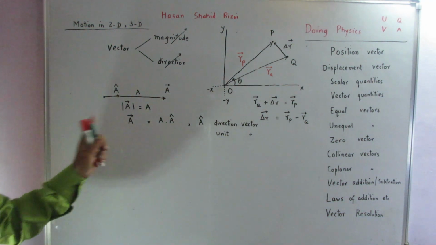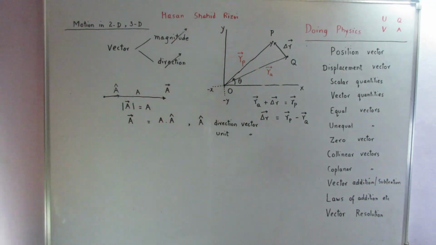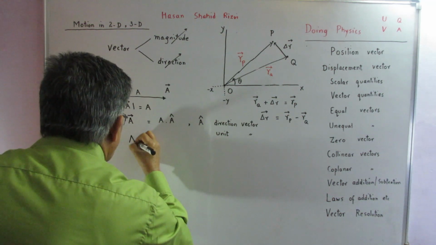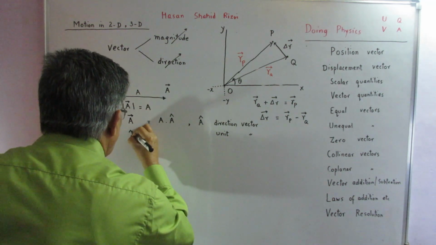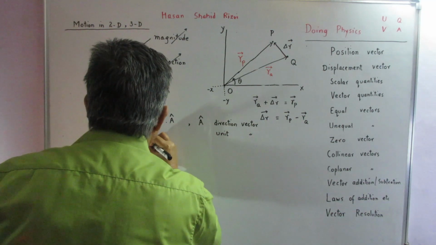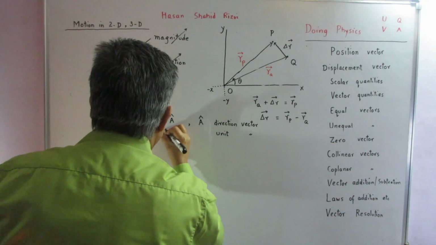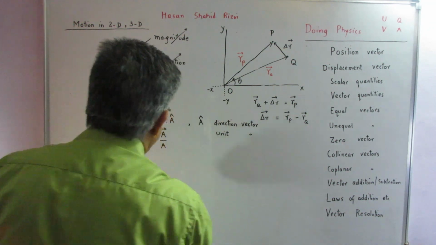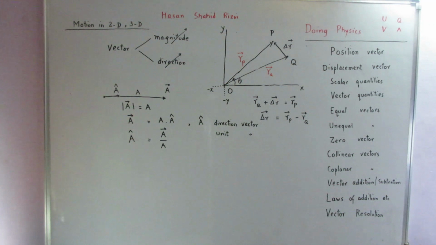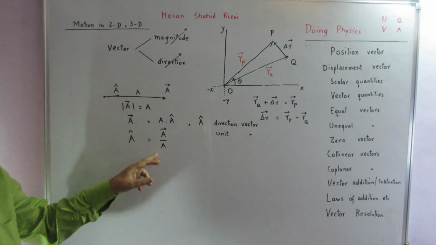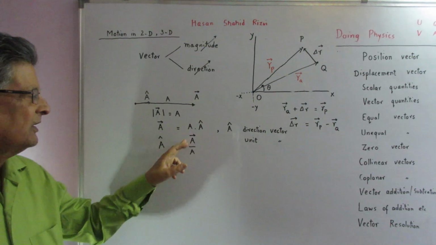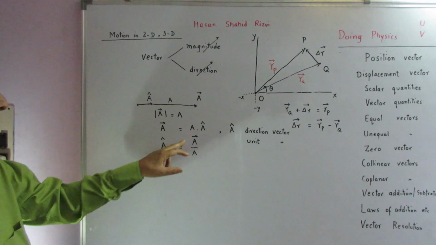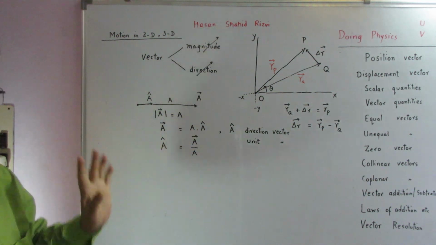So from this equation I can write that this vector A cap, which is our direction or unit vector, is equal to vector A divided by its magnitude A. And look here, we have the constraint that the unit for the vector and the unit for its absolute value, the scalar value or magnitude, are the same.